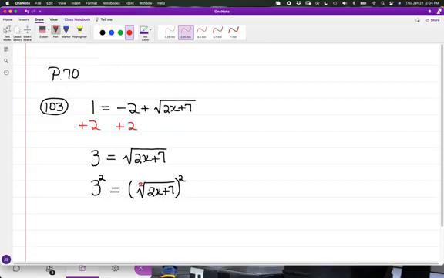If you were to display the index number, we have the second root of 2x plus 7. At this stage, 3 squared is equal to 9, and the square root of 2x plus 7 quantity squared just leads to 2x plus 7.